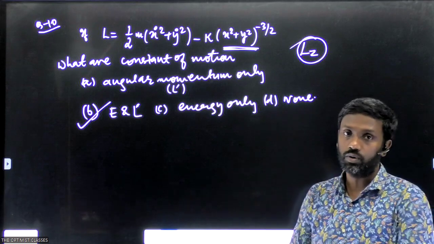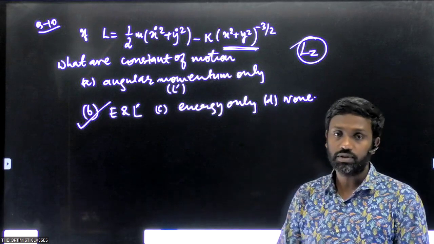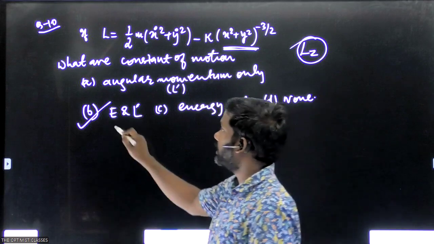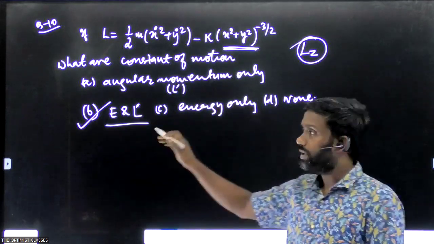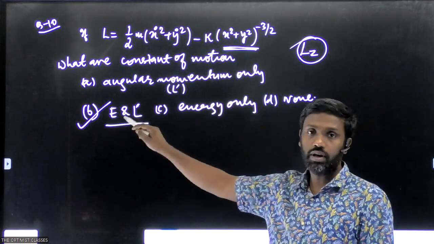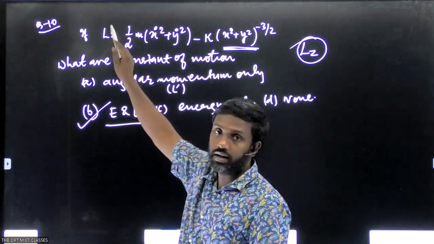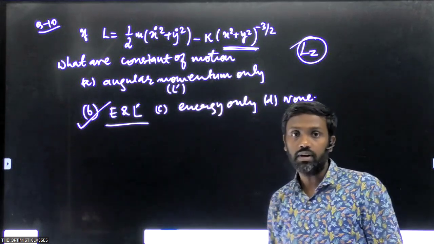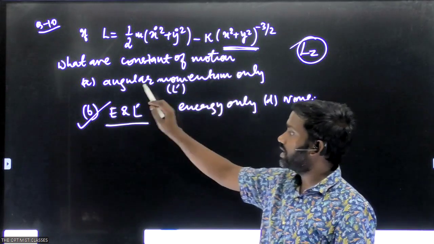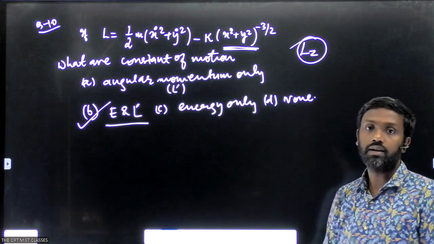Lx and Ly are 0. So angular momentum is conserved. I have written L prime for angular momentum, because we have written L for the Lagrangian. So the correct answer is that both energy and angular momentum are conserved for this system.